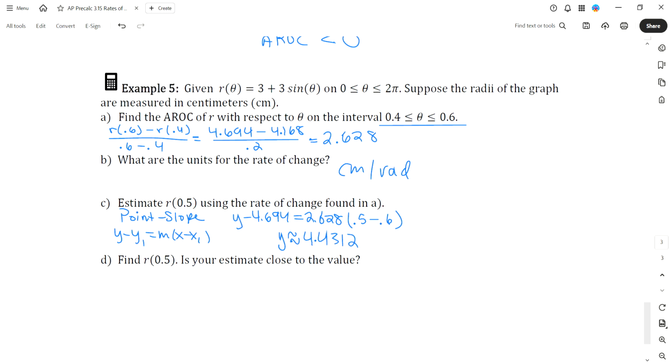And so that's my estimate. Well, now let's find what it actually is. 3 plus 3 sine of 0.5 is 4.4383. Ooh, would you say that the estimate is close? Yes. Yes, it is.